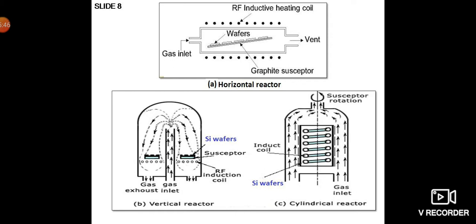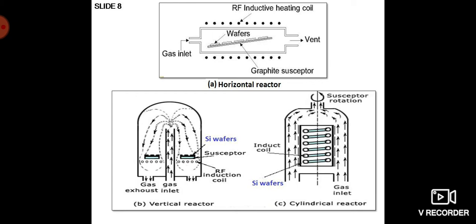This is a very important figure. Here you can see that different types of arrangements, or epitaxial reactors, are available to us to grow an epitaxial layer by the vapor phase epitaxy method. Figure A is a horizontal reactor where the silicon wafers are placed on the wafer holder, or the graphite susceptor. The susceptor is the holder, and because it is made of graphite, it is called a graphite holder.